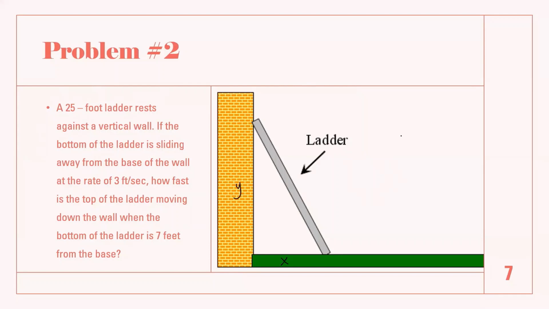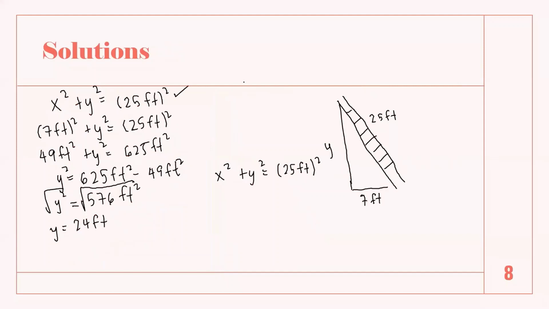So it means to say, our dx over dt is 3 feet per second. Since the bottom of the ladder is sliding away from the base of the wall, the x is what changes. So based on the problem, our dx over dt is 3 feet per second.